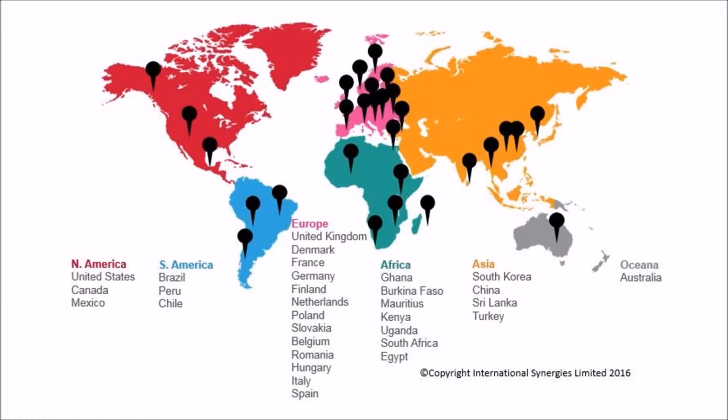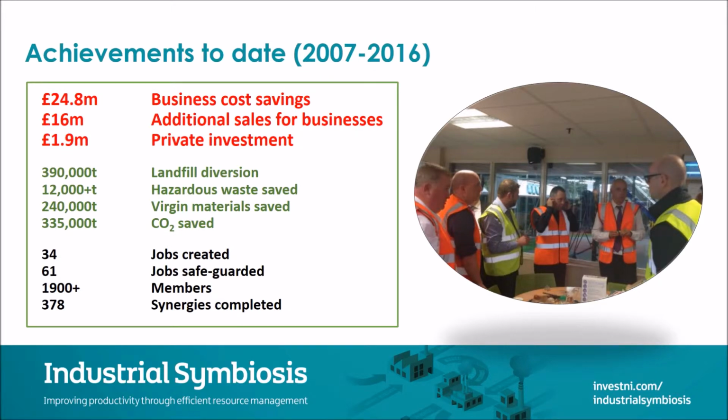We have found that providing a facilitated service improves the symbiotic relationship building and the benefits that can be achieved. The Invest in I Industrial Symbiosis service is now the longest running facilitated service of its kind in the world and has proved that the exchange of underutilised or unwanted resources can achieve real economic, environmental and societal benefits.